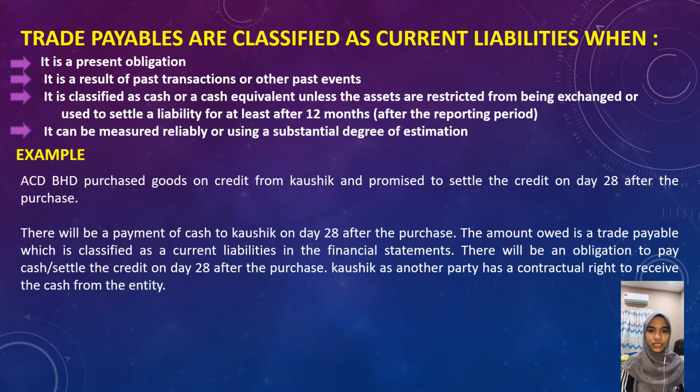The amount owed is a trade payable, which is classified as a current liability in the financial statement. There will be an obligation to pay cash or settle the credit on the 28th after the purchase. Achong, as the other party, has a contractual right to receive the cash from the entity.